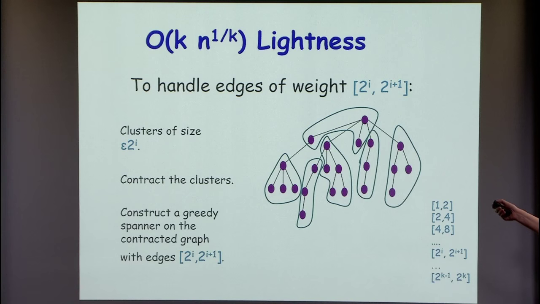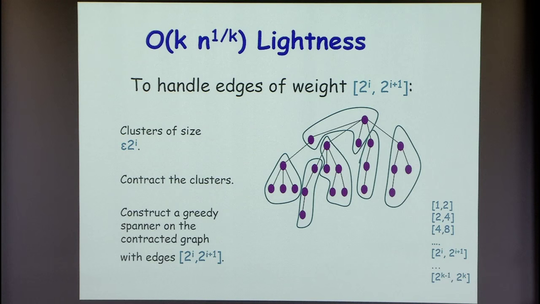Okay, so now we are only looking at edges in this bucket, between 2^i and 2^(i+1). So basically what we can do is use the previous claim: take the MST, and cluster the nodes in the MST into clusters of roughly diameter epsilon times 2^i.